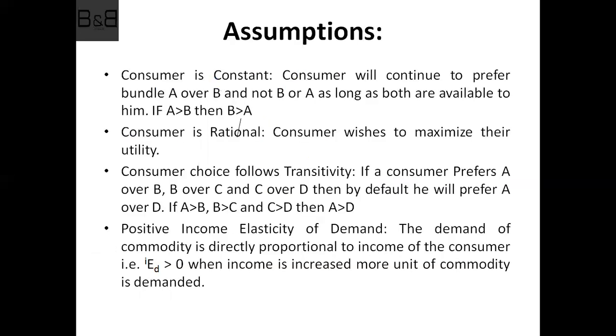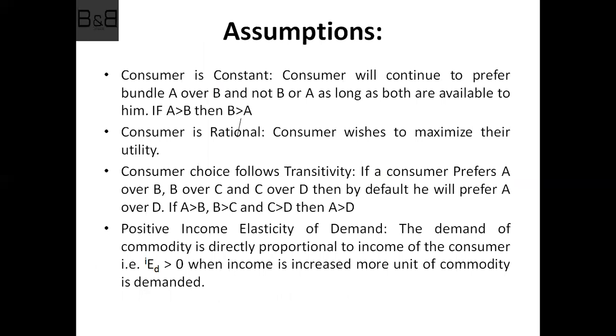Now, there are a few assumptions that Mr. Samuelson has provided in this theory. Let us try to understand all these assumptions first. Number one, consumer is consistent. What Mr. Samuelson assumes is that a consumer will always show consistent behavior.